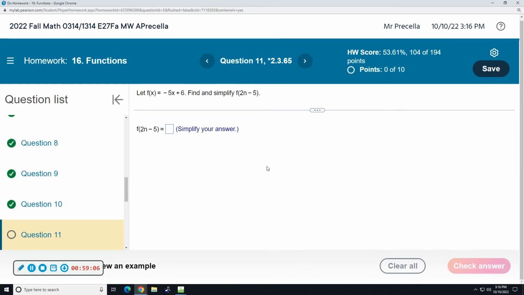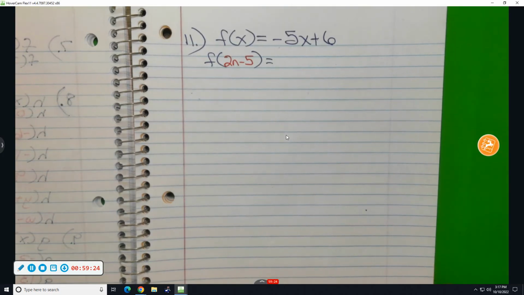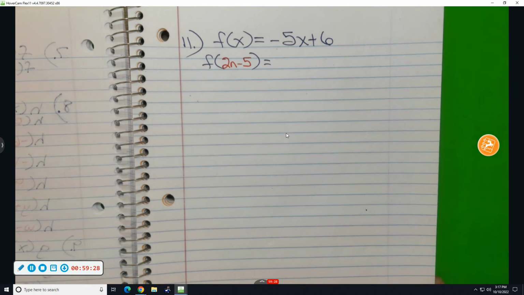F of x is equal to negative 5x plus 6, and they want us to find f of 2n minus 5. Okay, let's say it in words. What does that function notation say?